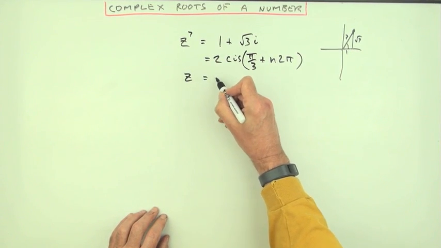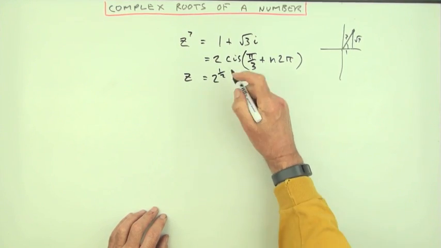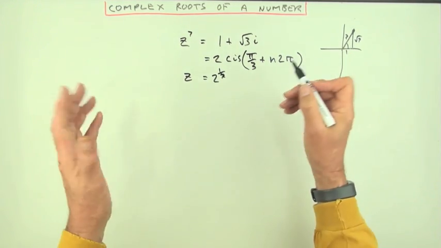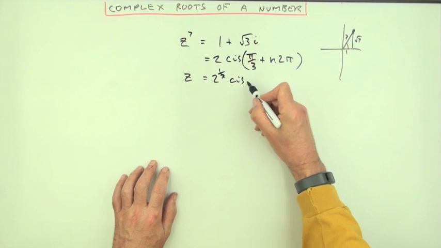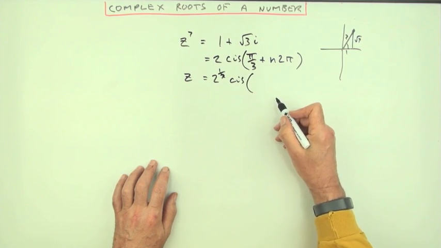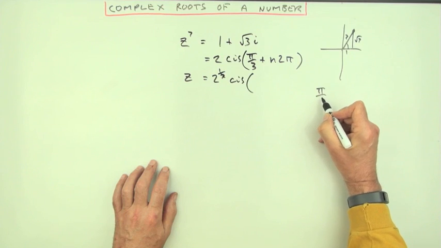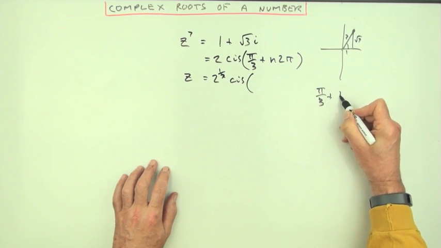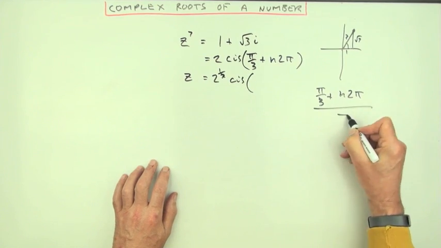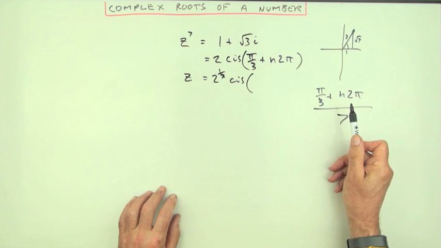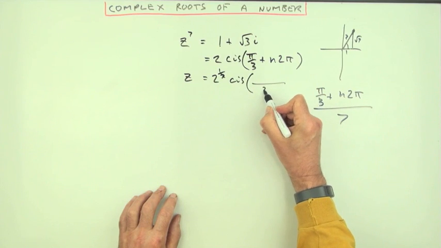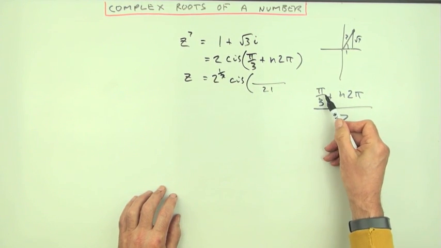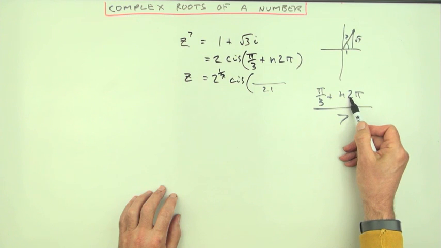So then when I get z itself, it'll be 2 to the power of 1/7, well that's a bit nasty, can't be helped, cis, now it'll be this lot over 7. Now I need to tidy that up. If you've got pi upon 3 plus n lots of 2 pi all over 7, first thing I'd do is multiply everything by 3, so that'll be over 21, and then that'll now become a 6.